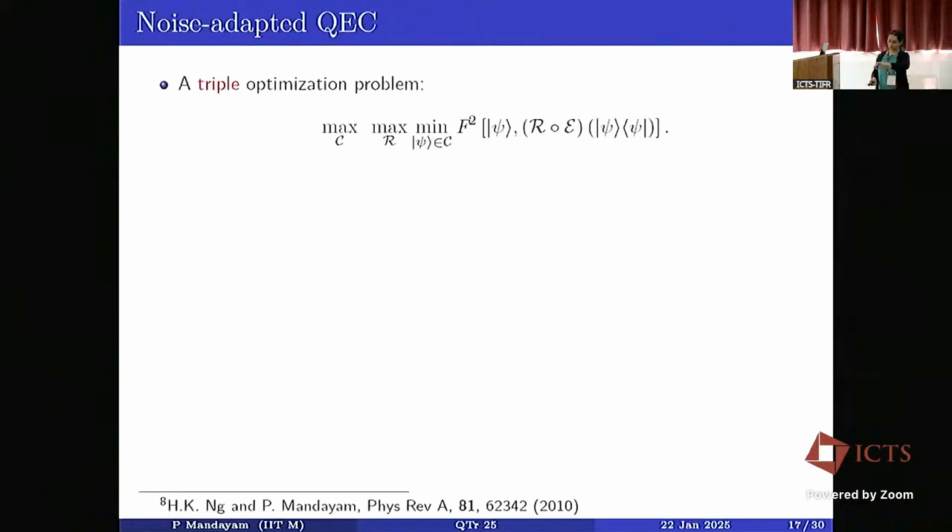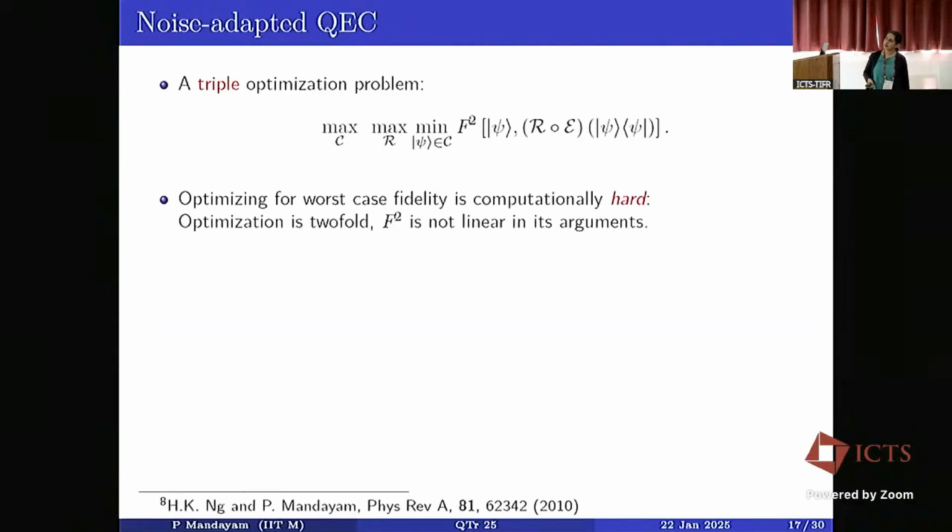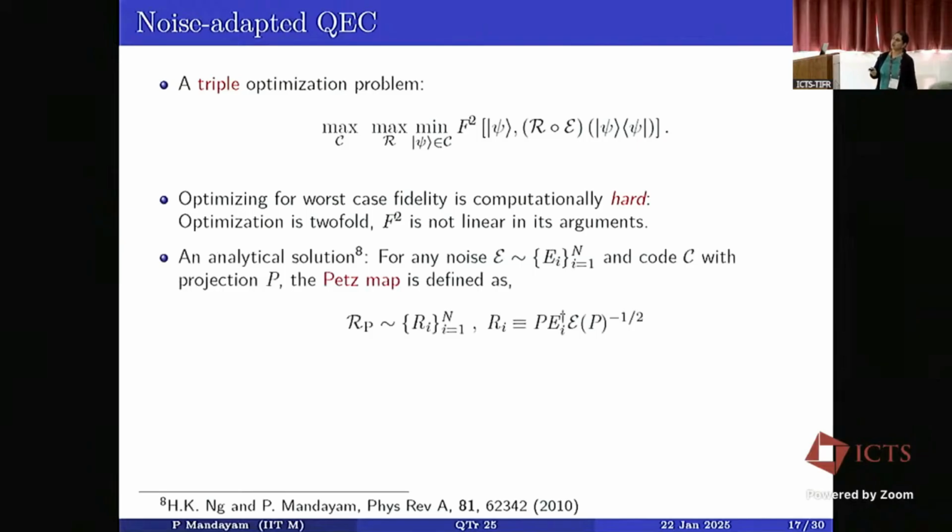So I just want to talk about the recovery scheme that we use. Of course, I could ask this question in a completely numerical way and make this an optimization problem and say, okay, here's a code, here's the noise, tell me what is the best recovery map that I can construct for this, which gives me the best worst case fidelity, which is a particular metric that we use.